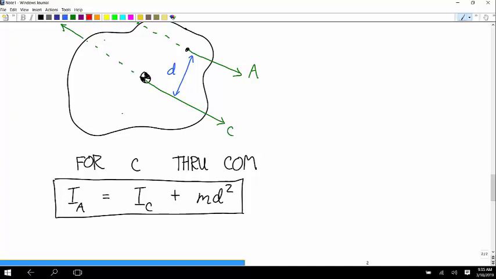So this M is the mass of the body. This D is the distance between the axes.